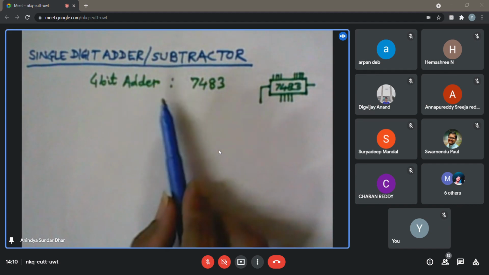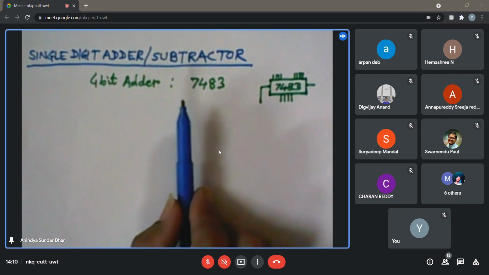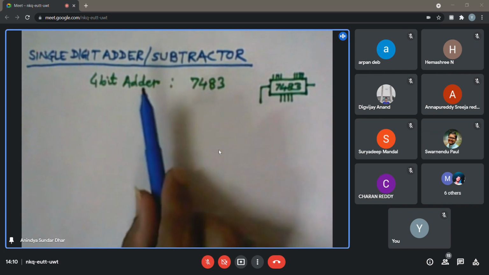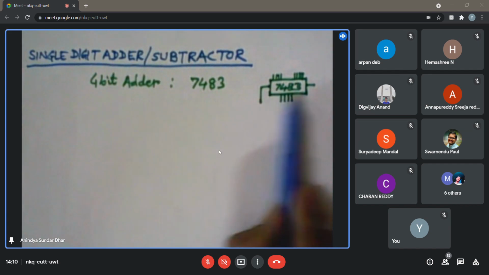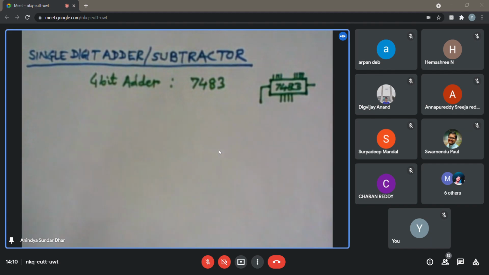You need to capture that sequence, and depending on the sequence, the final result will be dependent. So certainly the whole structure becomes sequential, but if I take this 7483 in isolation, that is basically a combinational stuff.